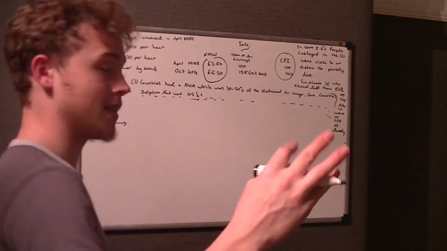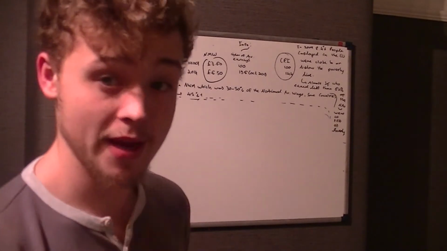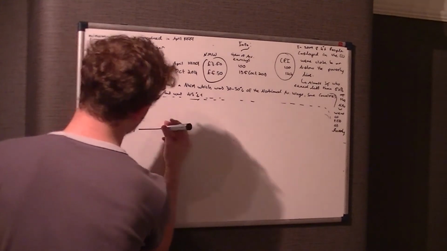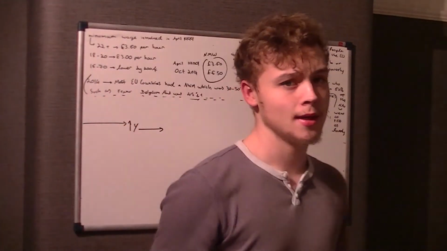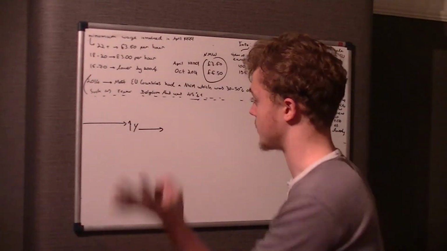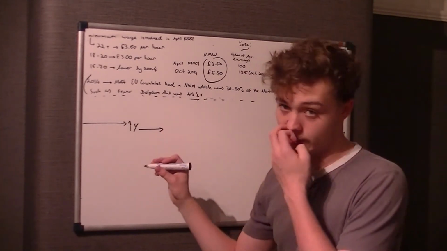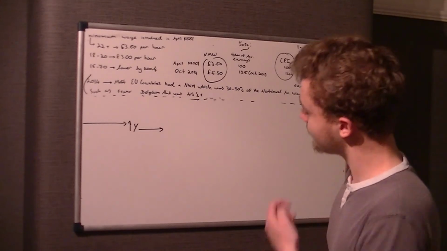Obviously, when you increase it, no matter what, they're going to have to be paid more. Okay, so basically, we know that incomes are increasing. Not all of them, but the ones at the lower end that are being pushed up by this new national minimum wage. So the incomes that I put increase in Y, that just means increase in income.